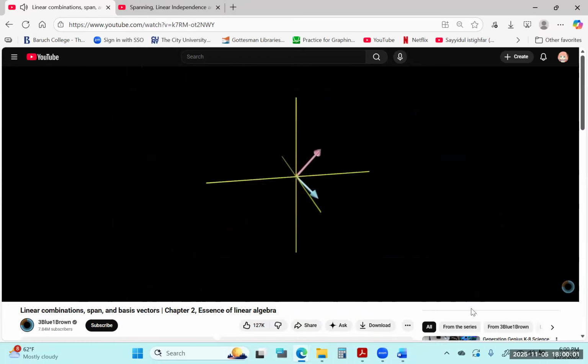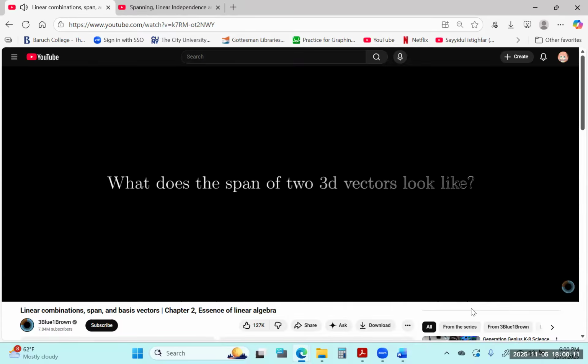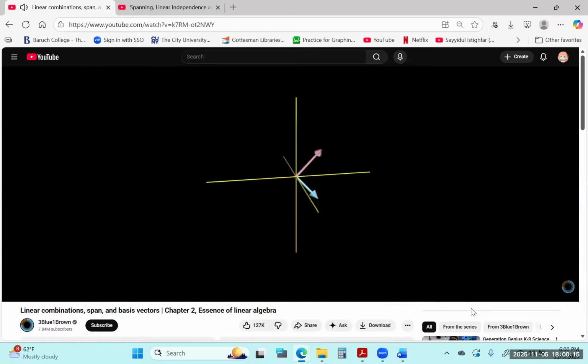The idea of span gets a lot more interesting if we start thinking about vectors in three-dimensional space. For example, if you take two vectors in 3D space that are not pointing in the same direction, what does it mean to take their span? Well, their span is the collection of all possible linear combinations of those two vectors, meaning all possible vectors you get by scaling each of the two of them in some way and then adding them together.